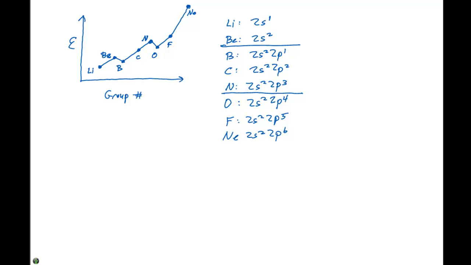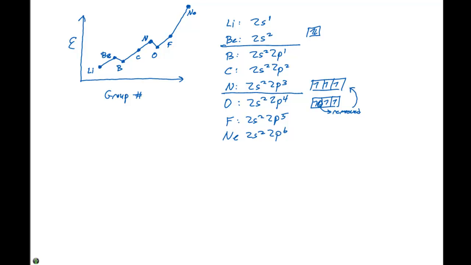The reason these gaps are here is because we find stability from a completely filled orbital, or in the case of nitrogen, a half-filled orbital. It's a little bit more stable, and when we remove one of the electrons from oxygen, we now attain an electron configuration that gives a half-filled orbital.